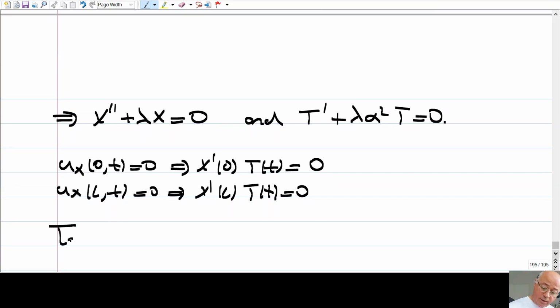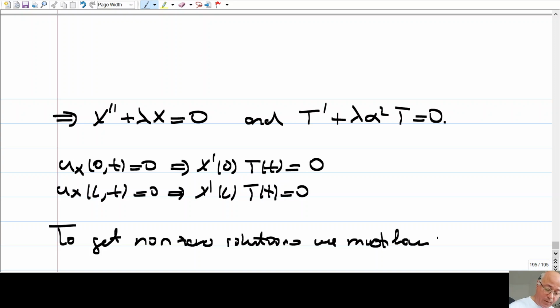So to get non-zero solutions, we must have X prime 0 equals X prime L equals 0. Both of them should be 0.